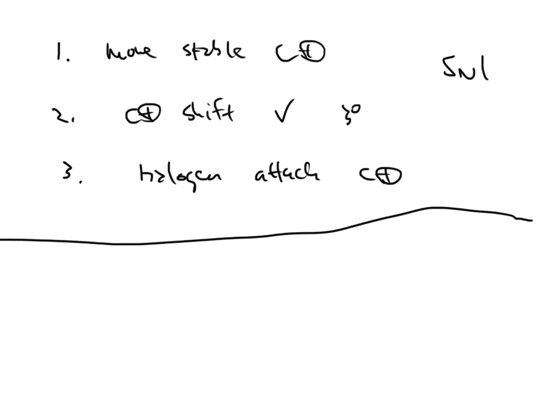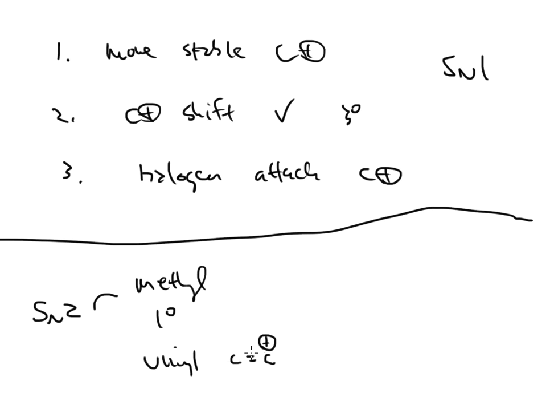The other carbocations that are out there that undergo an SN2, like our second mechanism example, are going to be your methyl carbocations, your primary carbocations, your vinyl carbocations, which was a carbon double bonded to a carbon that had a positive charge on it. That was a Chemistry 251 topic as well.